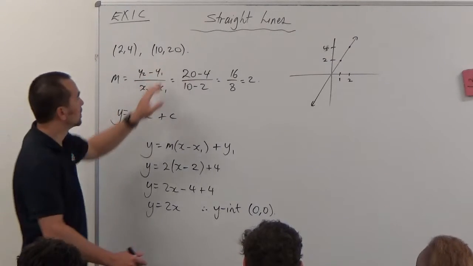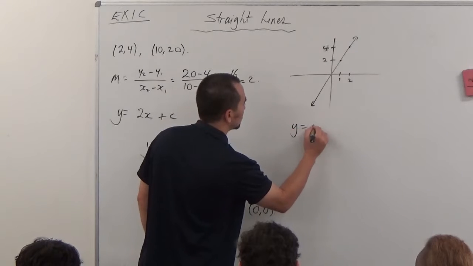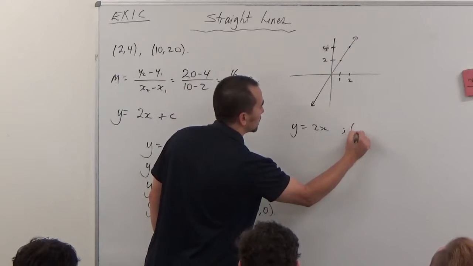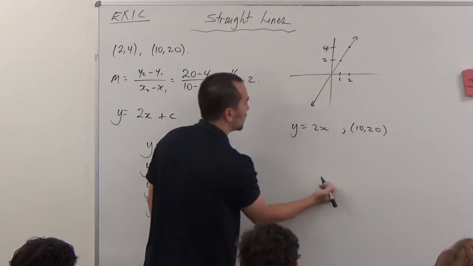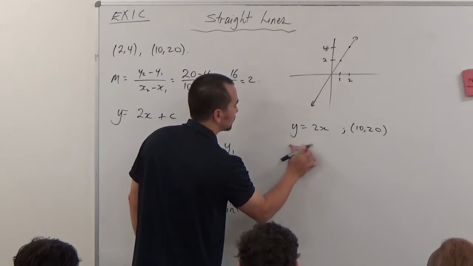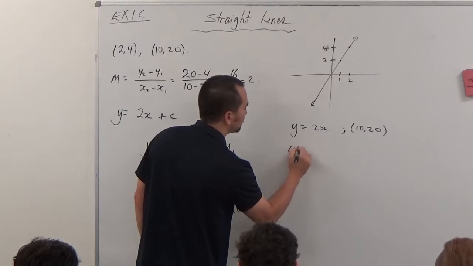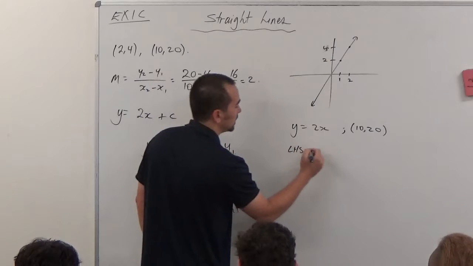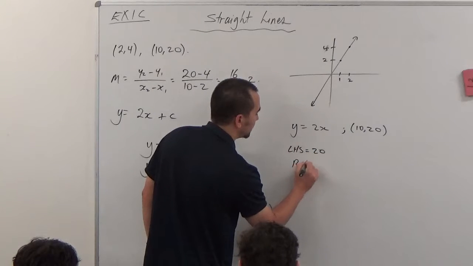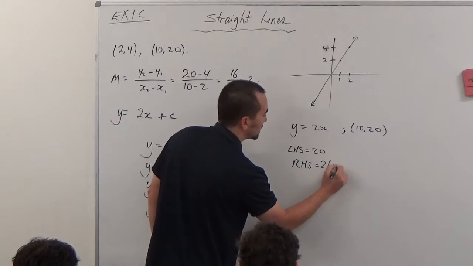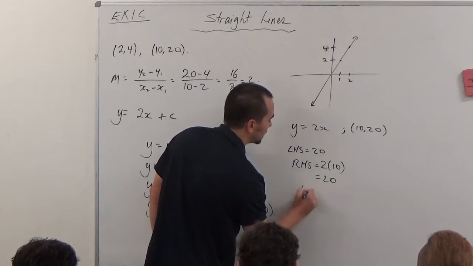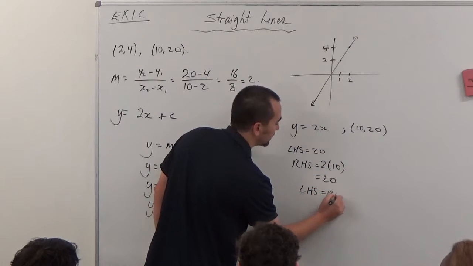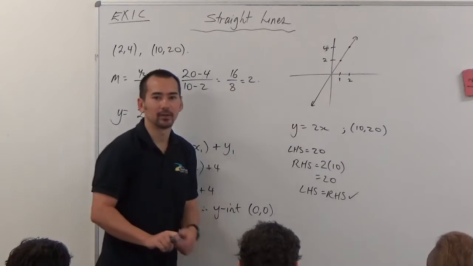Okay. So let's check it. We've got y is equal to 2x. We're going to use the coordinate 10, 20. When we plug in, the left-hand side is 20, the right-hand side is going to be 2 times 10, which is equal to 20. Left-hand side equals right-hand side. We did it.